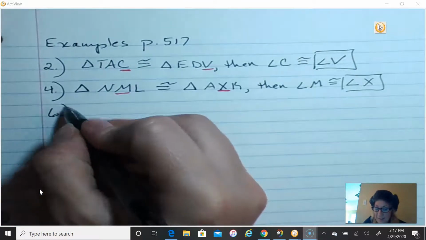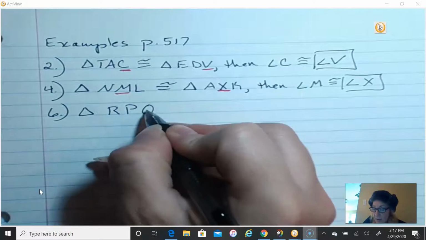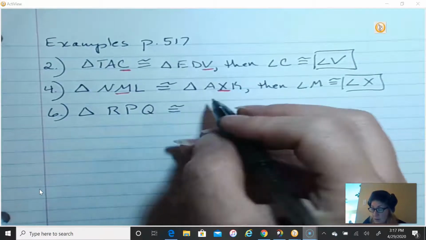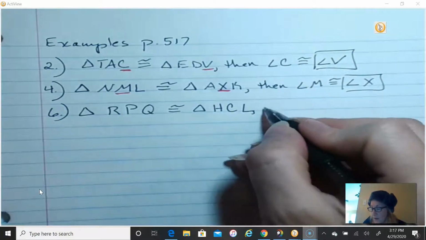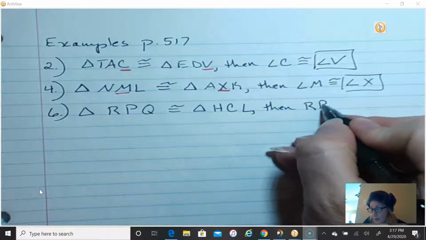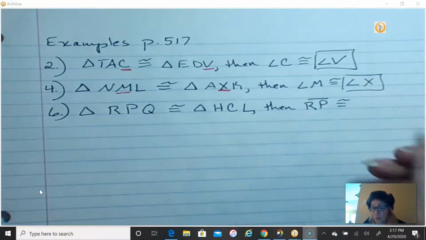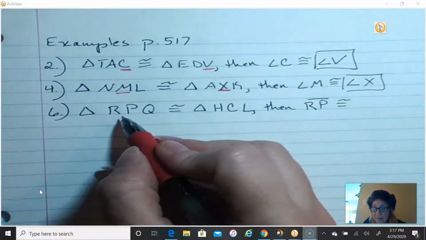All right, 6. Triangle RPQ is congruent to triangle HCL. Then side RP is congruent to what side? So look at how they're listed.